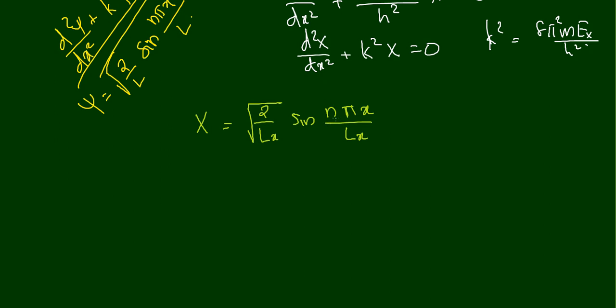Here we have a quantum number n, and since this is a quantum number for x, let me write it as nx. Okay, so this is nx pi x divided by Lx.